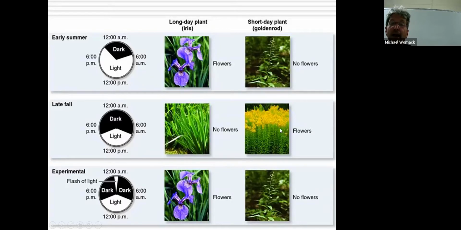Over here you have goldenrod, or you could do it as poinsettias. But back in the summertime when you have a long day, early summer, you have no flowers. You have just stems and leaves being produced. But when you get into the fall, you start seeing flowers on either one of those, or kalanchoes would do the same thing.